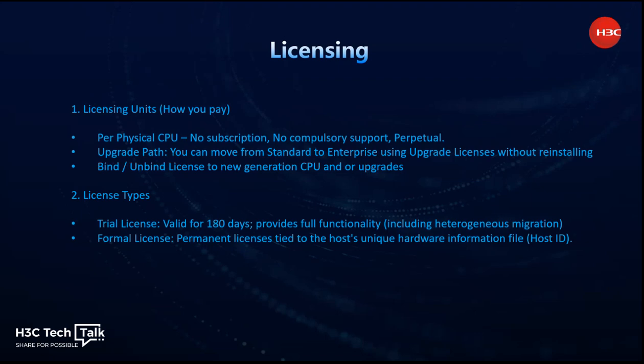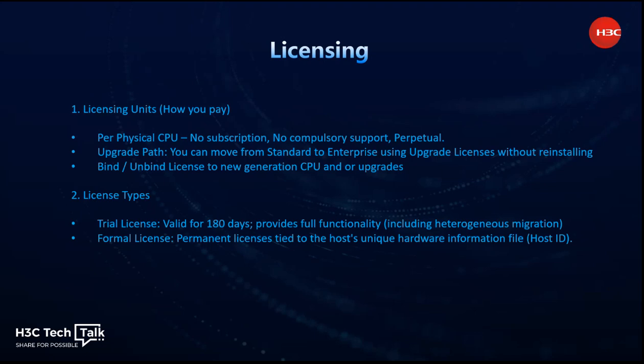In terms of upgrade, if you start off with the standard edition and want to upgrade to enterprise, you purchase a Delta license, which is just the portion from the one to the other, and you can apply that in place. You don't have to reinstall or do anything fancy. Then we have a portal where you can bind and unbind licenses. This comes in very handy, and speaks to the perpetuality of it.